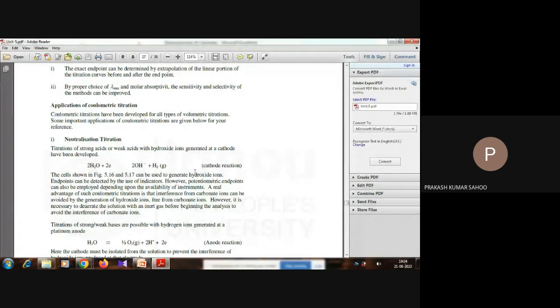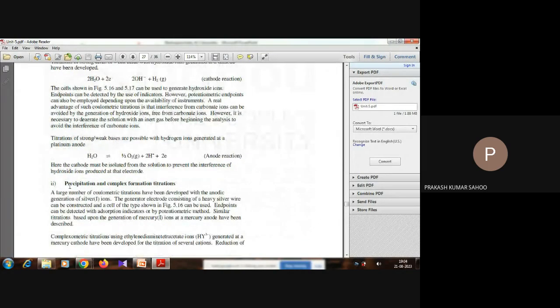Then neutralization titration, we have this one: strong acid and weak acid. Precipitation and complex formation titration. Precipitation means like silver in silver chloride. Complexometric titration means complex formation with EDTA, that is ethylenediaminetetraacetate ion.